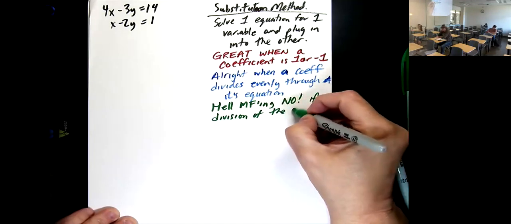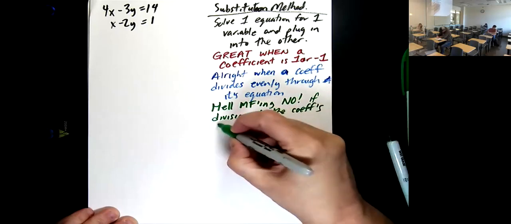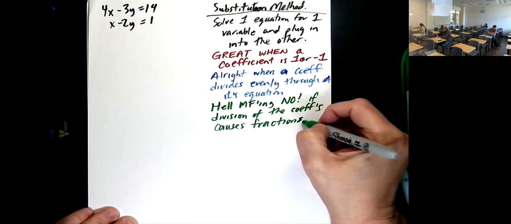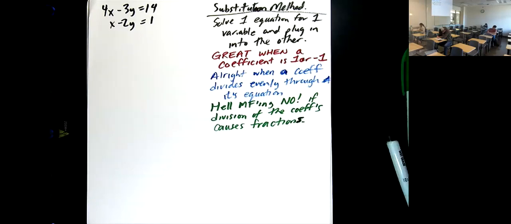The coefficients cause fractions. And all this information is just within one equation. The other method requires, for it to be great, some traits shared by both equations.